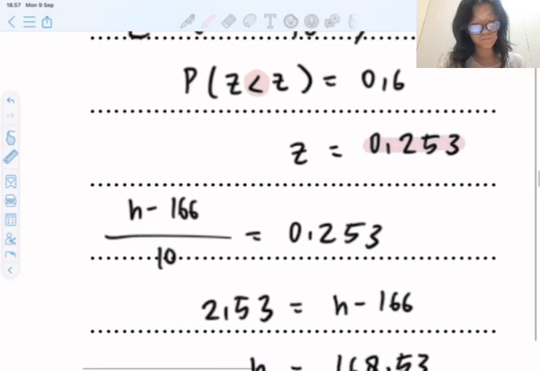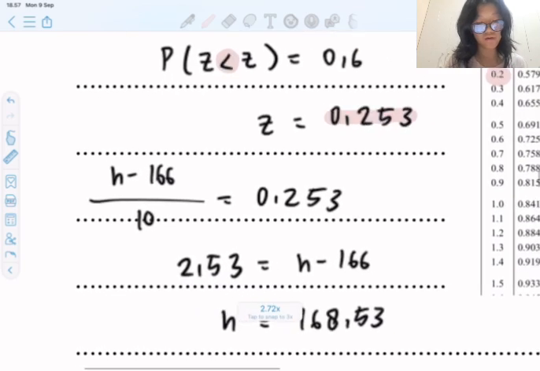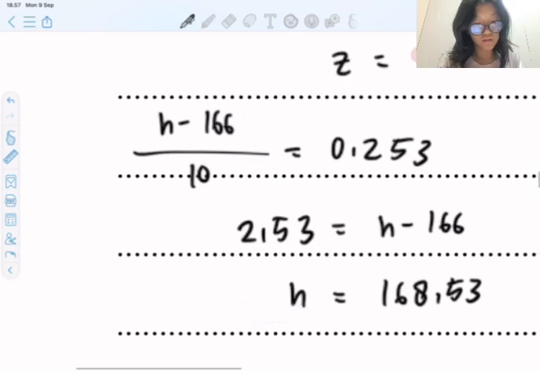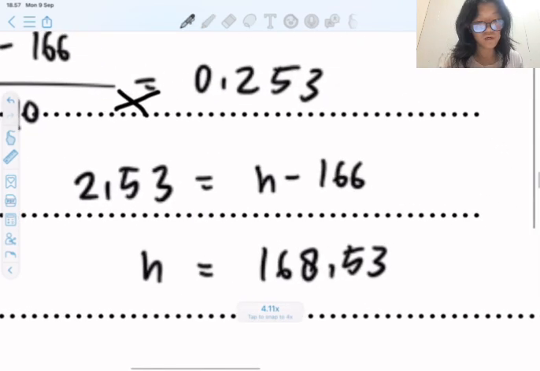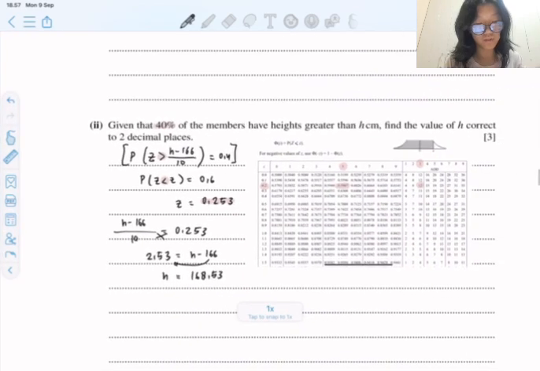So we just put h minus 166 over 10 equals 0.253. You just cross multiply, and this equals 2.53 equals h minus 166. We move this to this side. So 166 plus 2.53 is 168.53, which is in 2 decimal places.